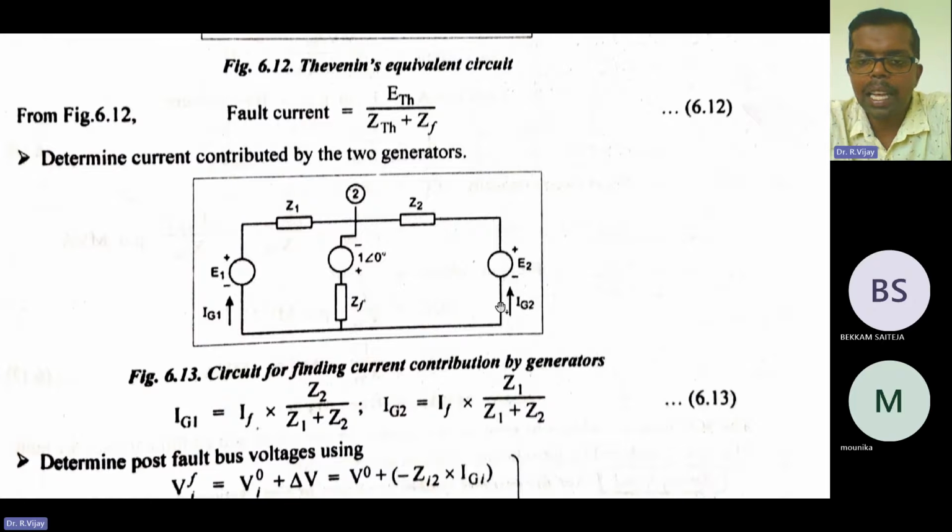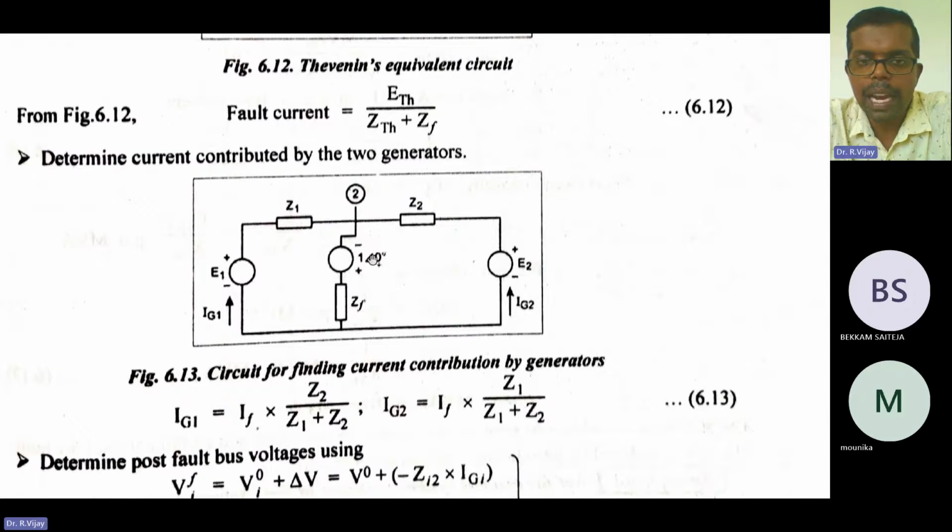The current generated from the first generator is Ig1 and from the second generator is Ig2, with the first generator having the impedance Z1 and the second generator having the impedance Z2.